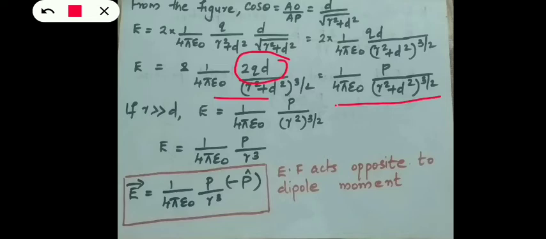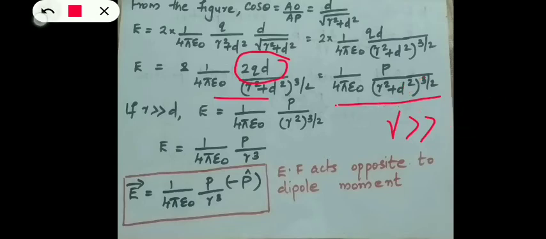Again, here also we can take the same assumption as we did for the axial position. If distance r is very much greater than d, we can neglect the term d. So here also we can neglect the term d square. So what will you get? You will get E equal to 1 by 4 pi epsilon naught into P by r square all raised to 3 by 2.